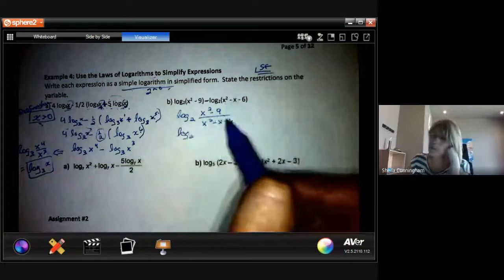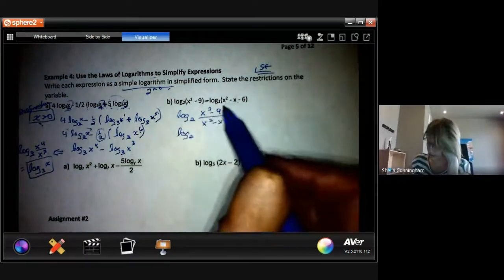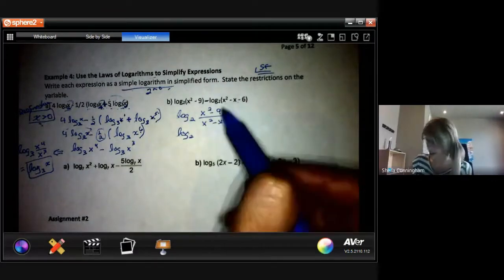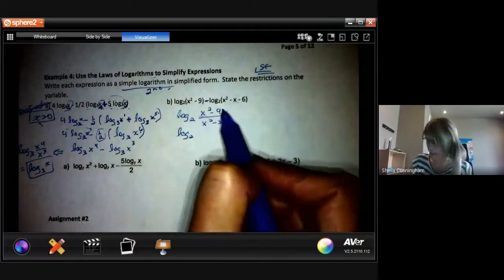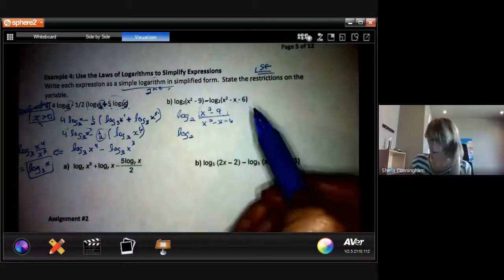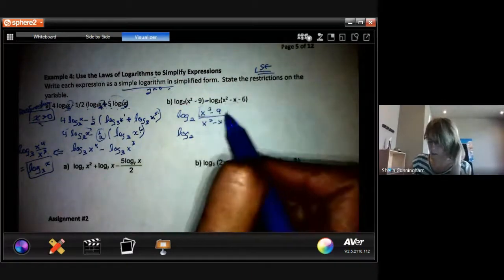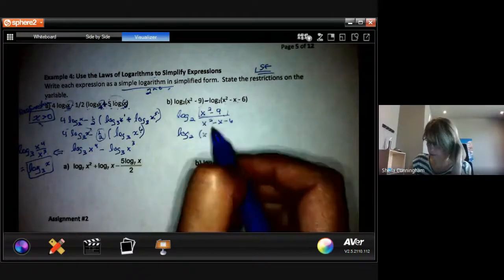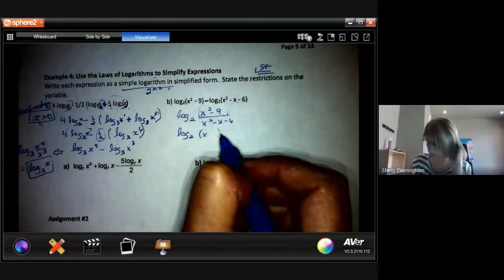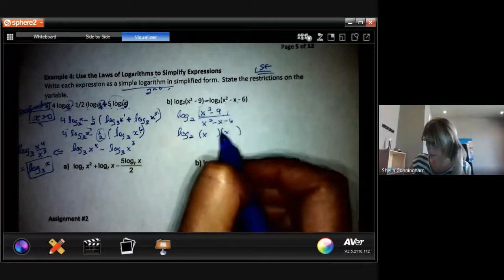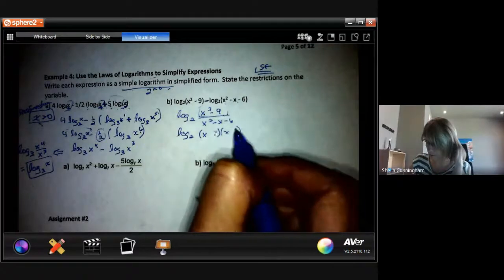Now, my next step, in order for me to simplify these, takes us back to pre-calc 20 a little bit. It's going to come back at us, right? In the top, what I have going on here is what we call a difference of squares. Remember when we factor a difference of squares, that really means I'm going to take the square root of the first term and the square root of the last term, which is a 3.